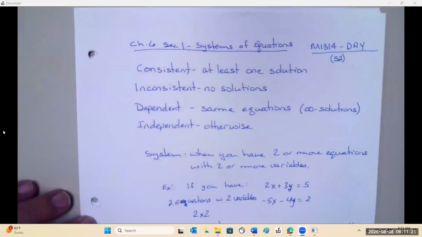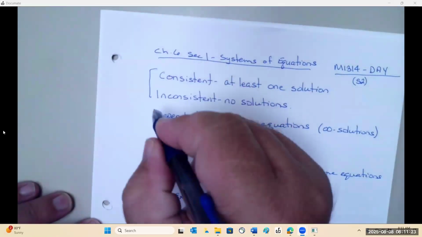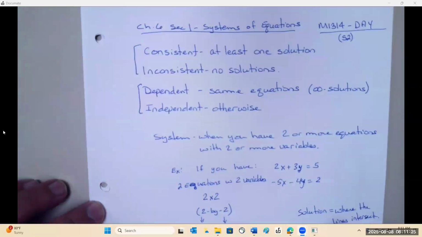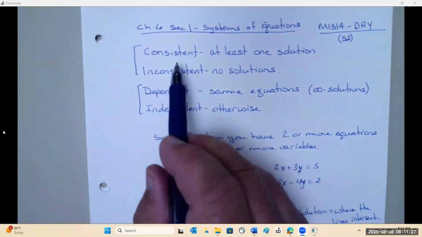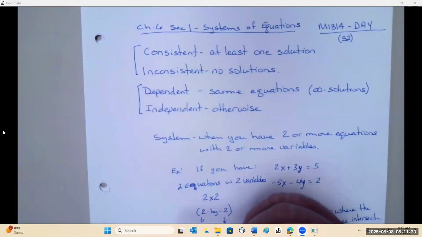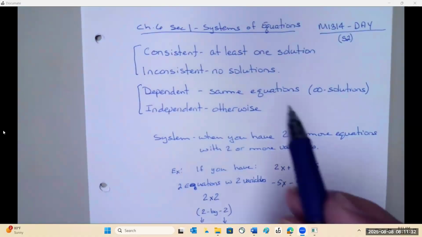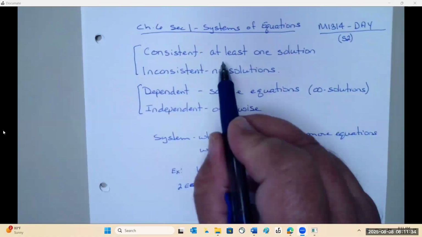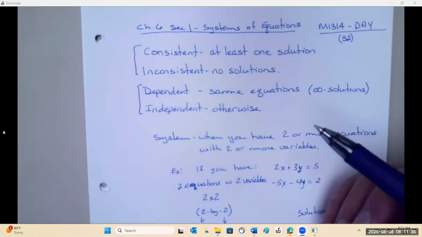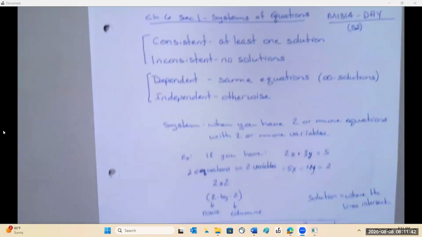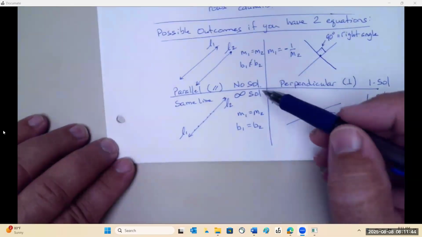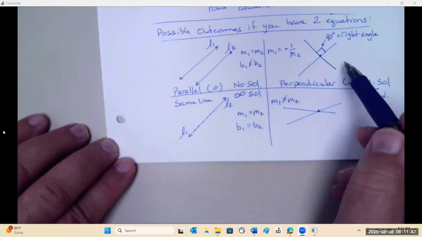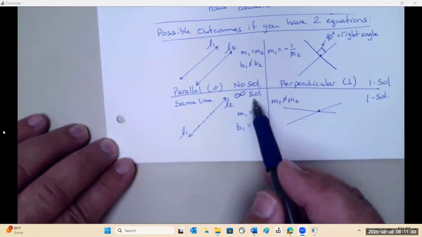Here's what we call them. Systems are either consistent or inconsistent. If the system is consistent, that means they have at least one solution. In our example here, either they have one solution or they have infinite solutions.